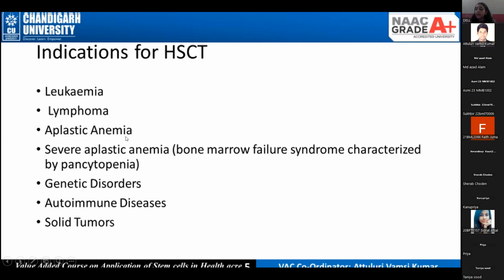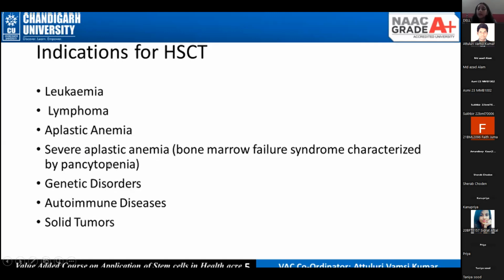In aplastic anemia, all the blood cells grow less in number, so it is known as aplastic anemia. In these conditions, we also go for hematopoietic stem cell transplantation. In severe aplastic anemia, our bone marrow fails to produce all the blood cells, which is known as pancytopenia.